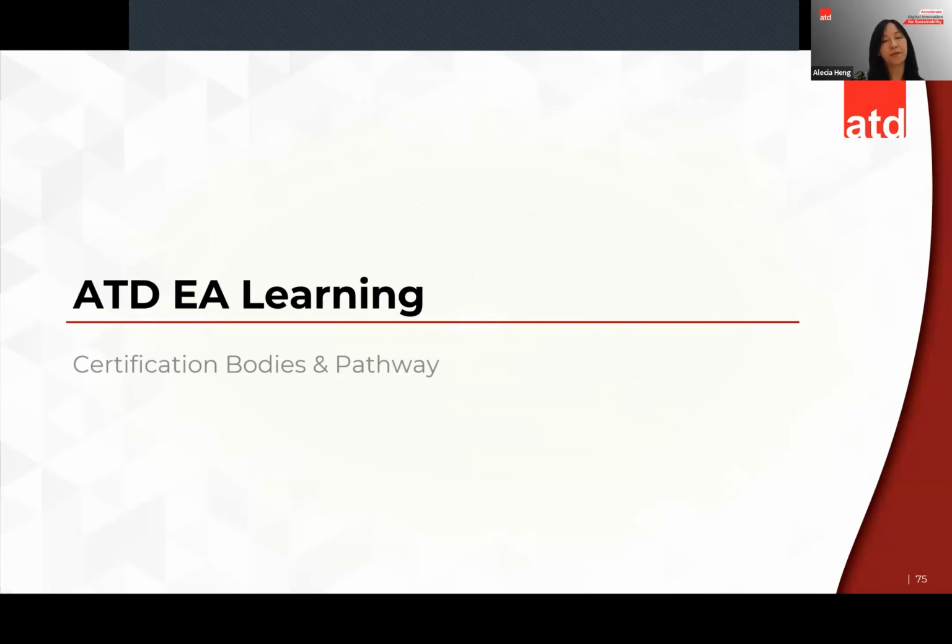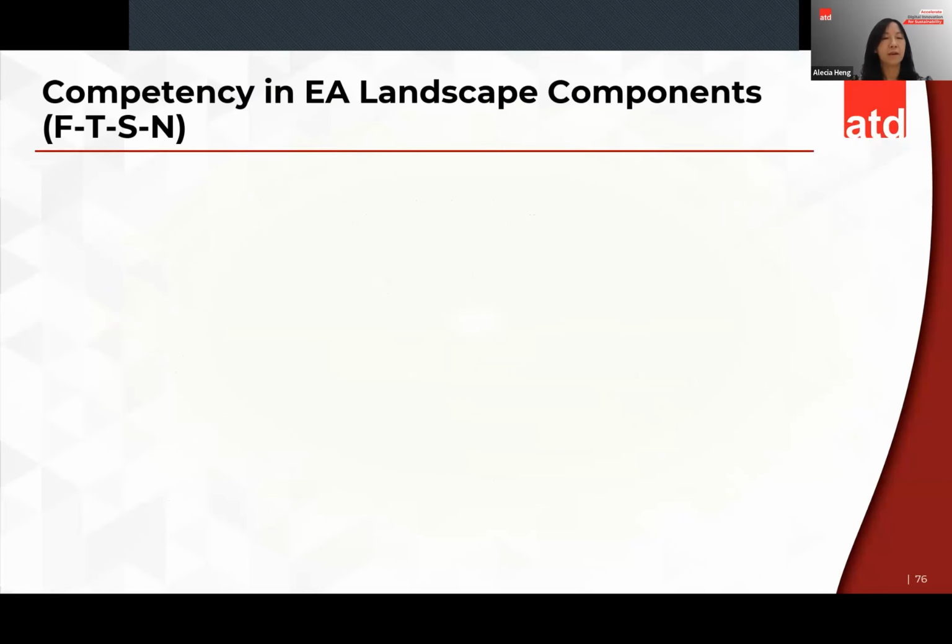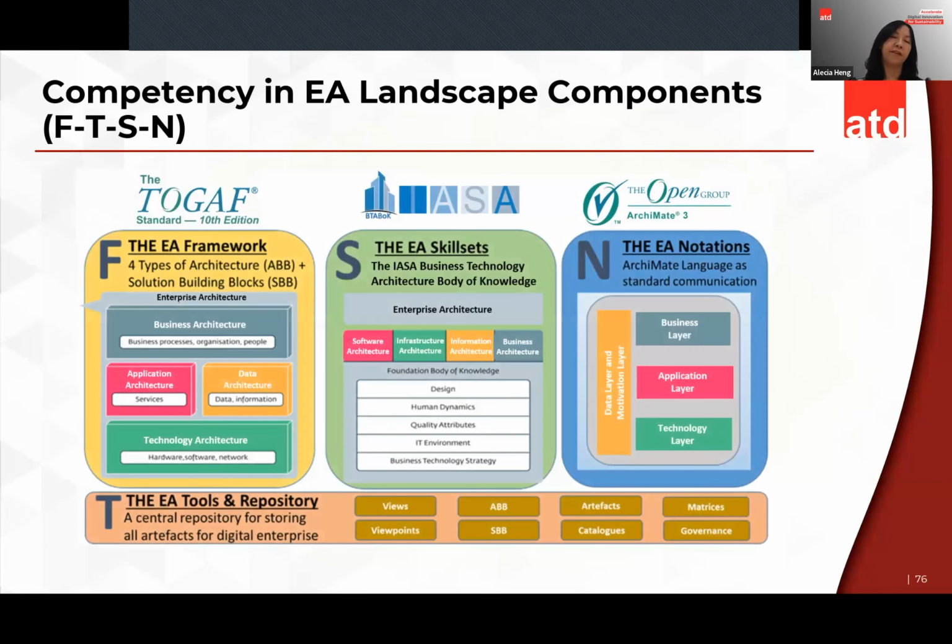So for this particular course, we're looking at the pathway. Where can you go after this, right? So far, what I have described is the skill set for architects. However, in order to be successful, there is more than the skill sets that you would need to look at.